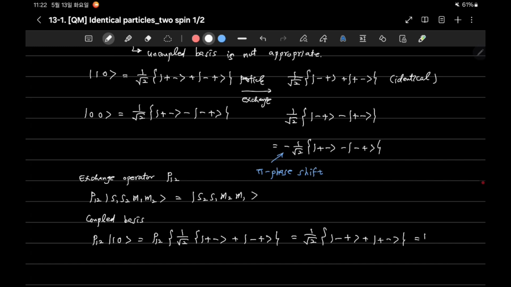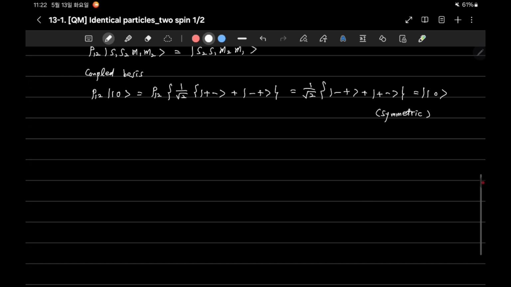So it is the same as the 1, 0 state. By applying the exchange operator to the 1, 0 state, it is unchanged. Here we call it symmetric under the operation of the exchange operator.